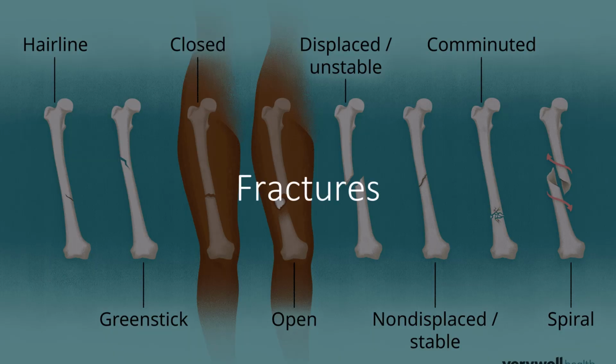Let's just quickly define what a fracture is. It's pretty much a break, crack, or disruption in a bone that occurs when that bone is subject to more force than it can handle or absorb. And on your screen, you can see different types of fracture.